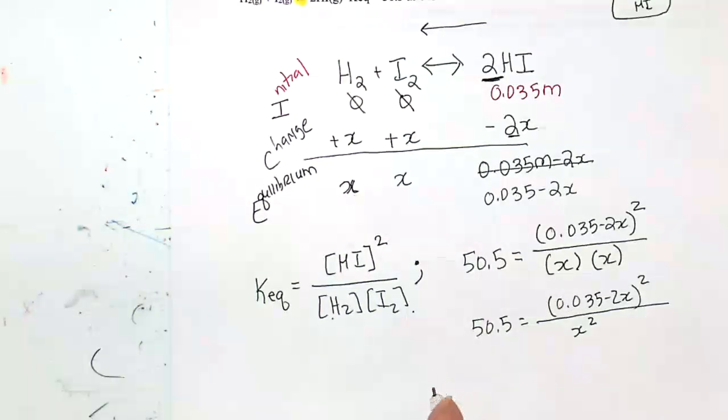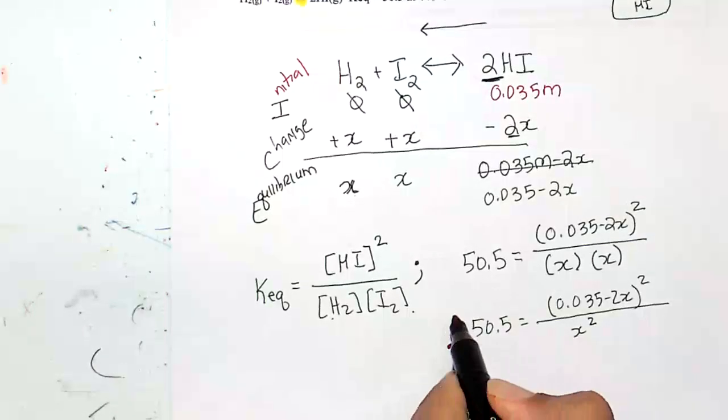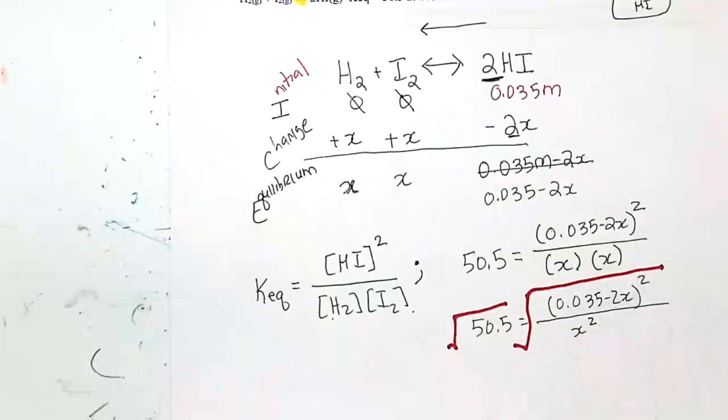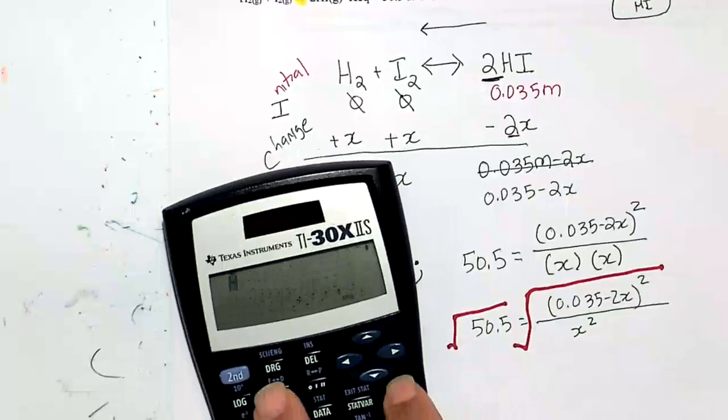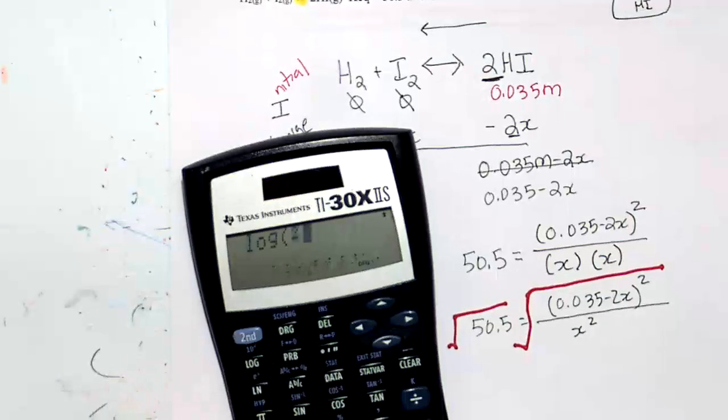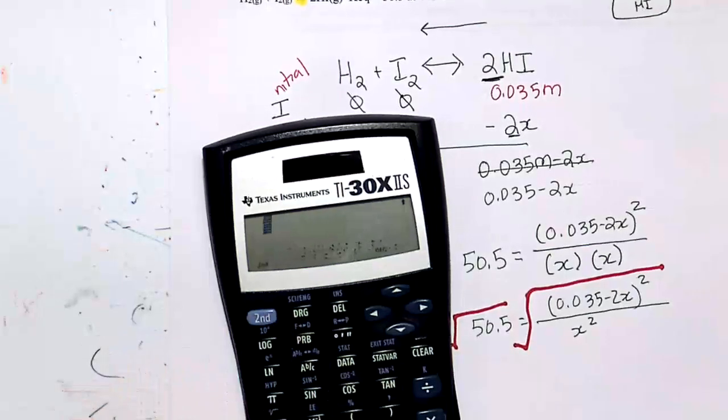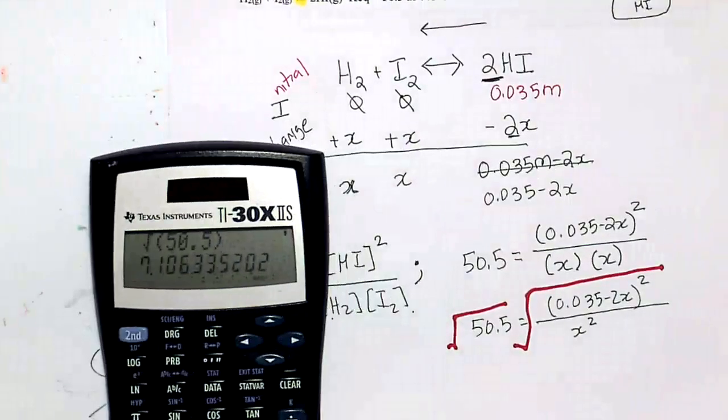So we're going to take the square root of both sides of the equation to solve for x. What's the square root of 50.5? Uh, 7.1063.